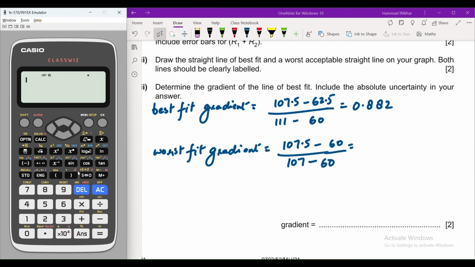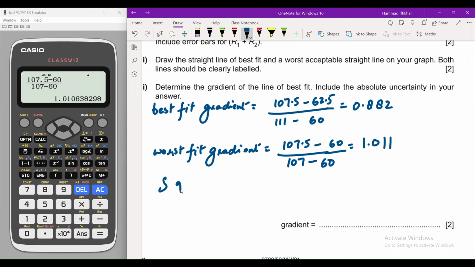And then we have 107.5 minus 60 divided by 107 minus 60. So it's very close to 1.011.